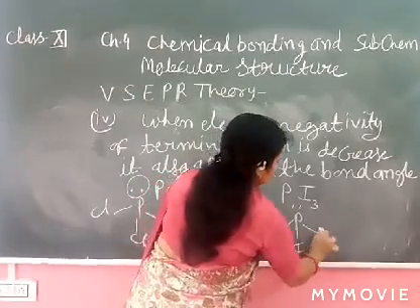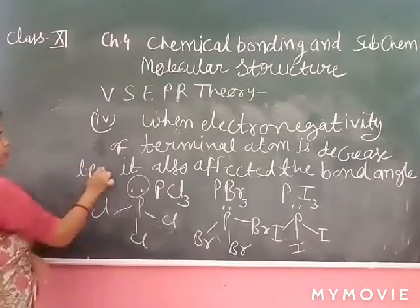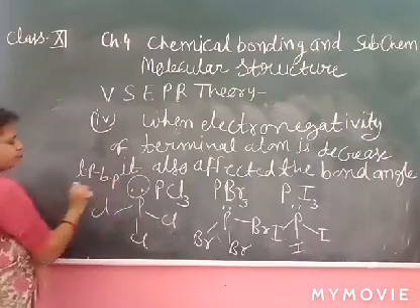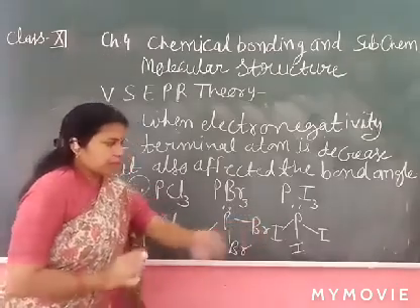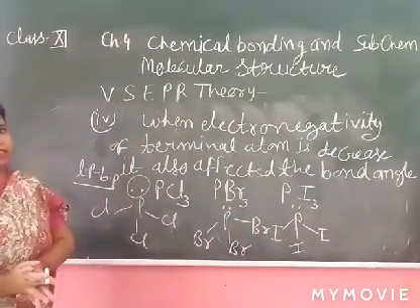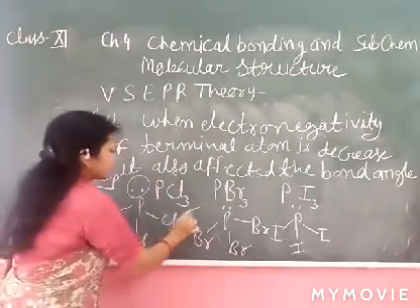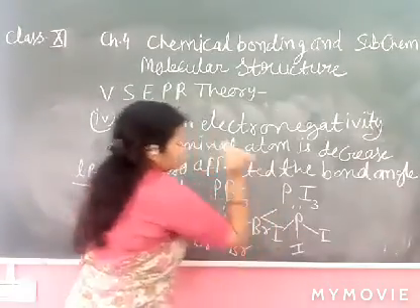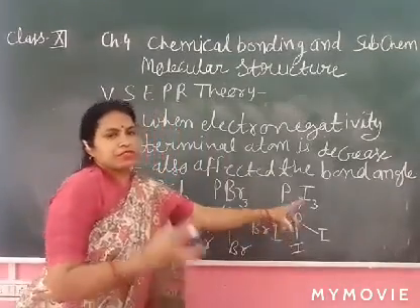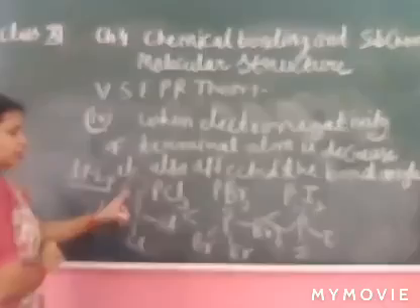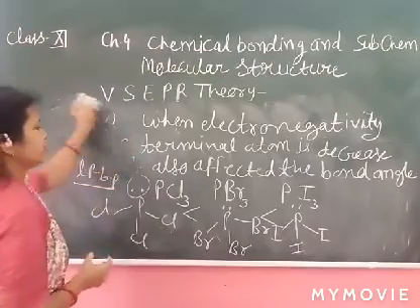So what happened in this? Now there is lone pair and bond pair repulsion. When the electronegativity of the terminal atom is decreased, bond angle is increased. Lone pair bond pair repulsion is less here, and maximum in this condition.